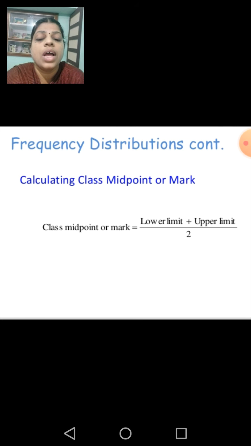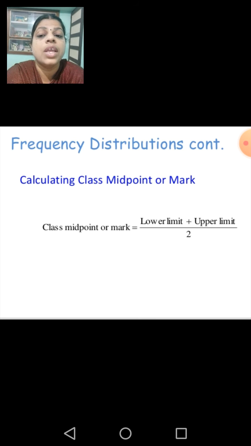And I told you that we have to group the data and include all the values under different classes. And how to calculate this class midpoint or mark? So I have specified already how to calculate the lower limit and the upper limit of the classes.